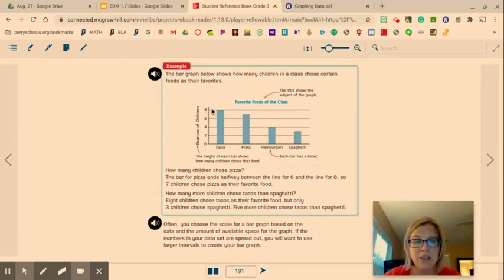There were 8 children that chose tacos. For spaghetti, there were 2, and then not quite to 4, so 3. So 8 people chose tacos, 3 people chose spaghetti. I find the difference: 8 minus 3 is 5. So 5 more children chose tacos than spaghetti.